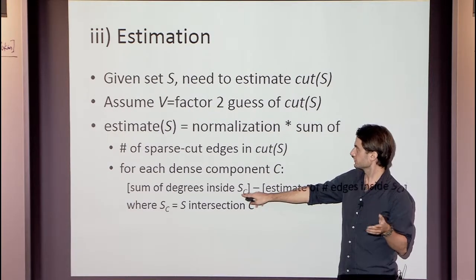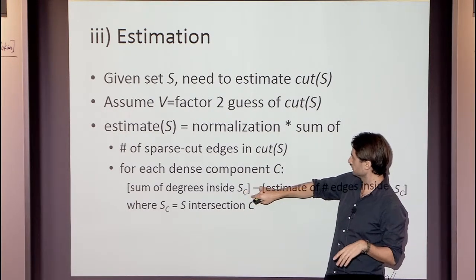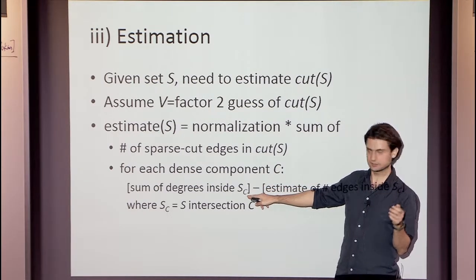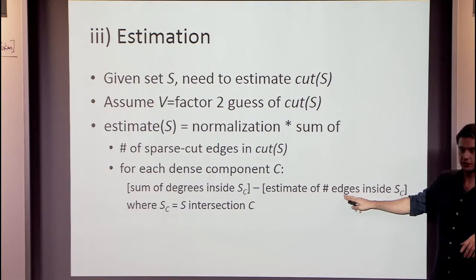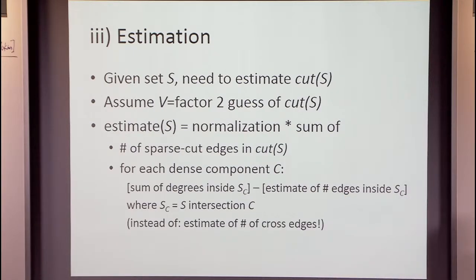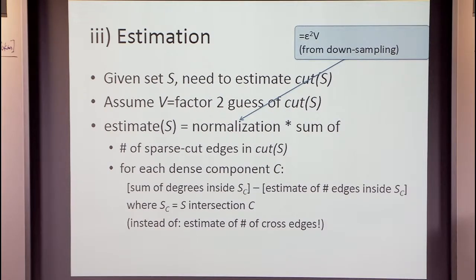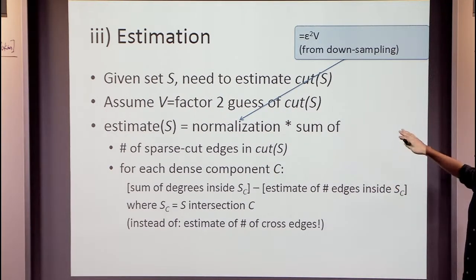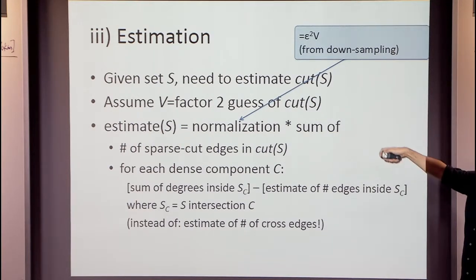There is the original uniform sampling, but some of the degrees we stored precisely, whereas this is the part that uses these sampled edges, the 1/epsilon sample out of each node. This normalization is just epsilon squared times V, just to get basically a Horvitz-Thompson estimator.